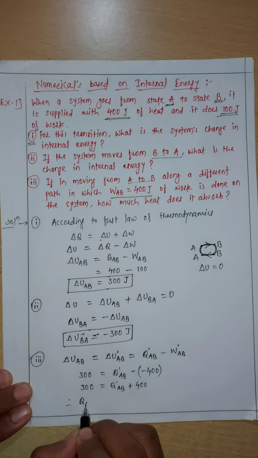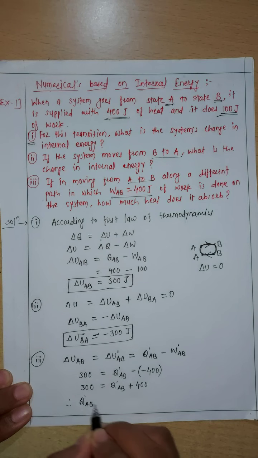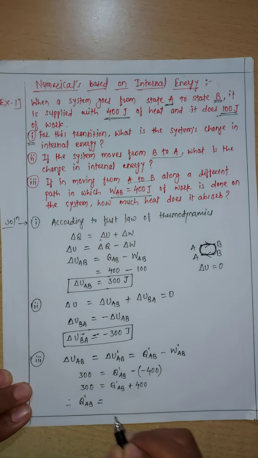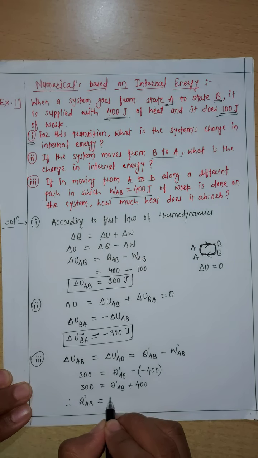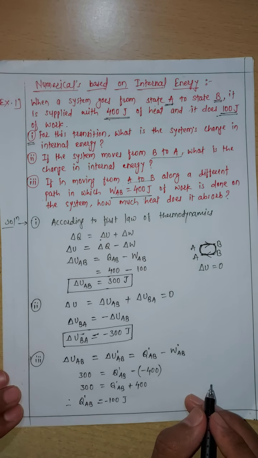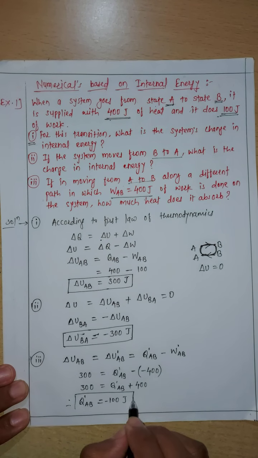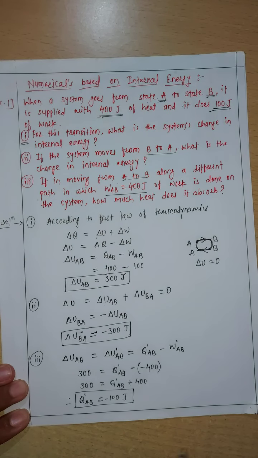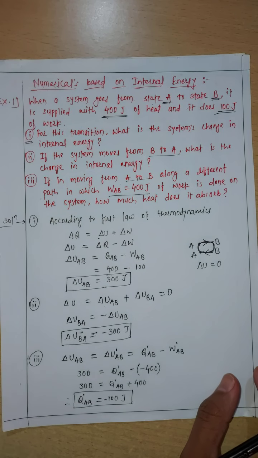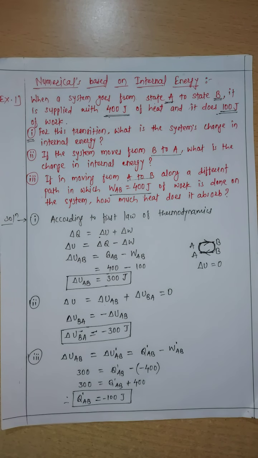Therefore the amount of heat that should be absorbed by the system is equal to 100 joule, and this is minus. Okay, so directly we can get the negative sign for this particular motion of the object when it changes its state or loses its heat during that transition. Okay, so understand this first problem.